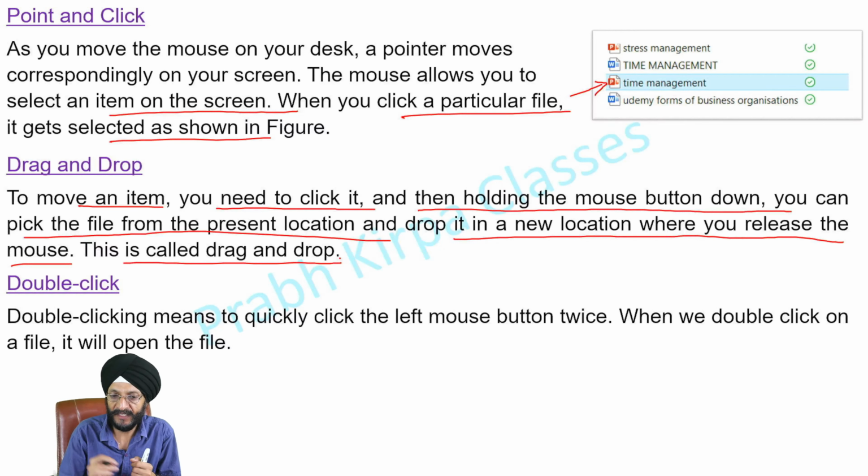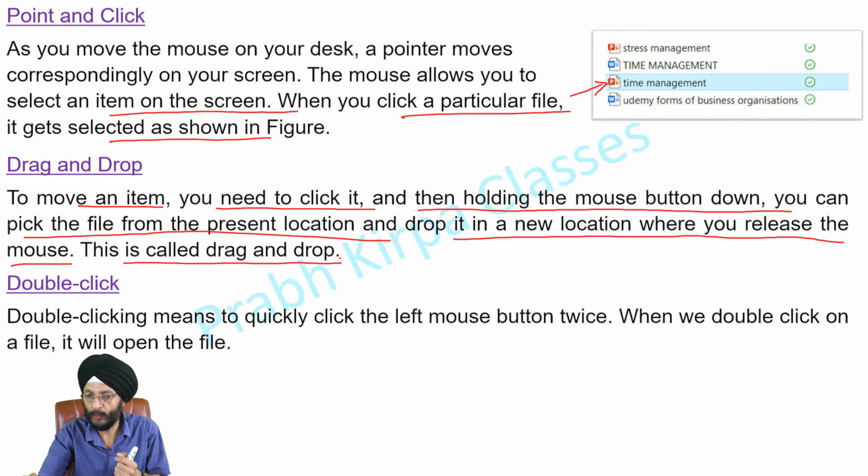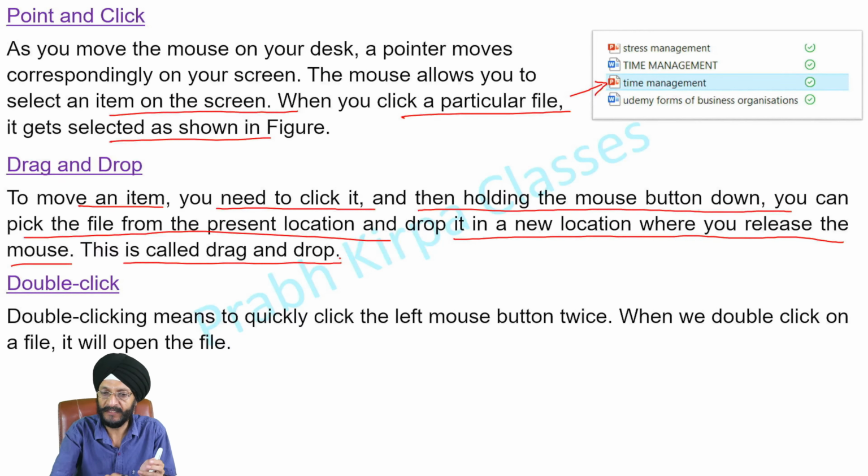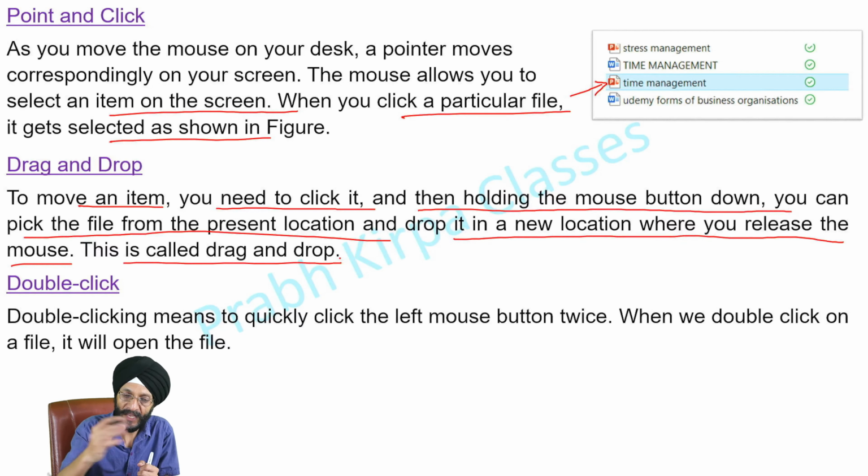It is very easy when we are using the mouse. We simply drag a file from a parent place and leave that file at another place, it will move to the other place, and when we release the mouse button it will drop at the new location. It is very simple if we practically do it. From literature, it seems to be very difficult.